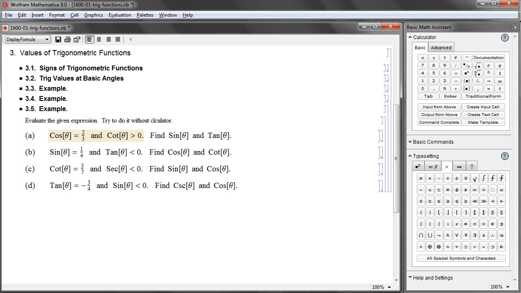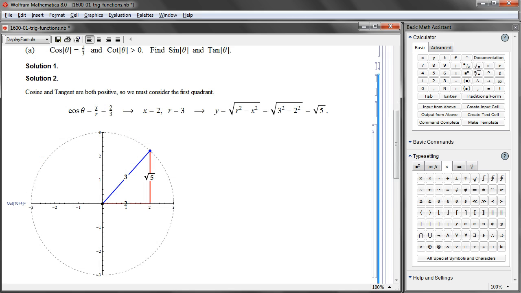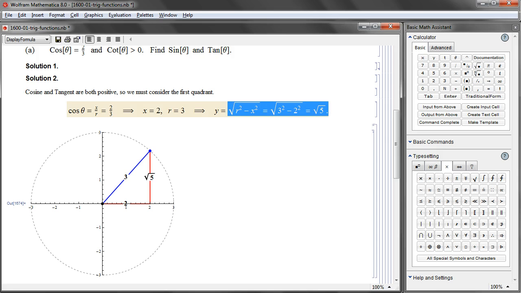In the first quadrant, x over r is 2/3. Let's draw a triangle with x is 2, the radius is 3, kind of like this. And you can find out the height using the Pythagorean theorem: square root of r squared minus x squared. You're going to get square root of 3 squared minus 2 squared, which is square root of 5.